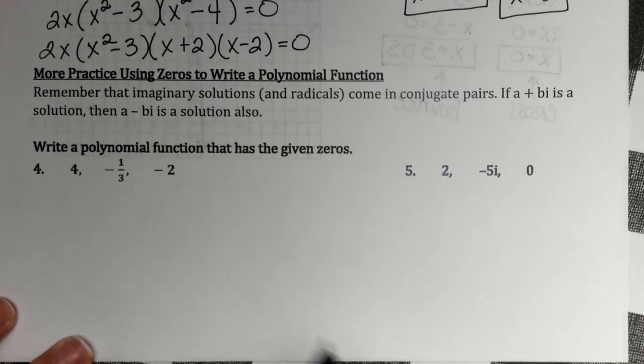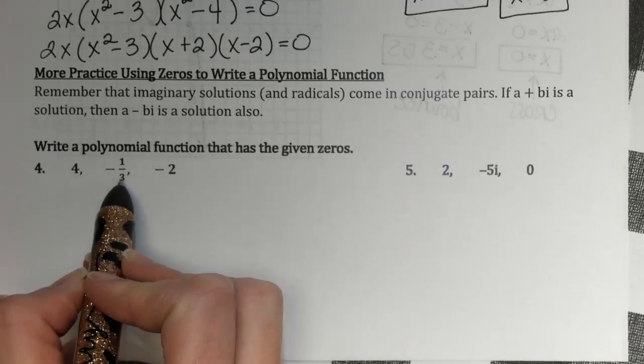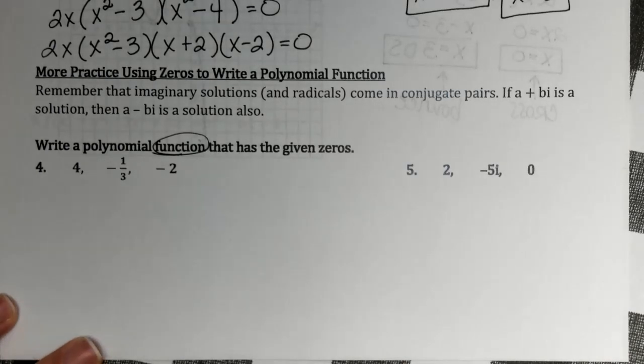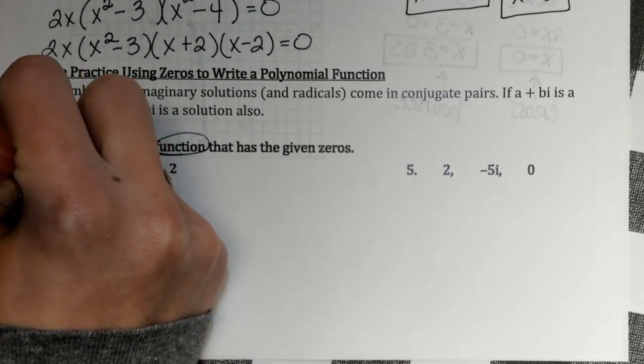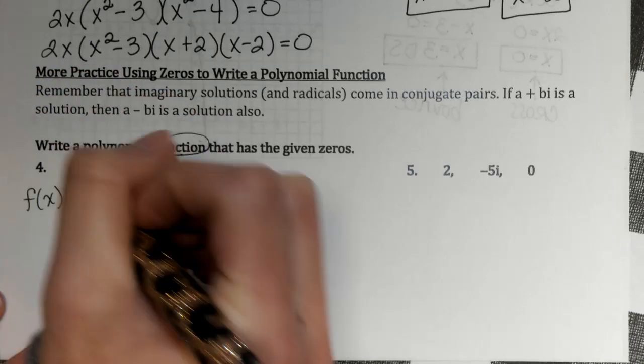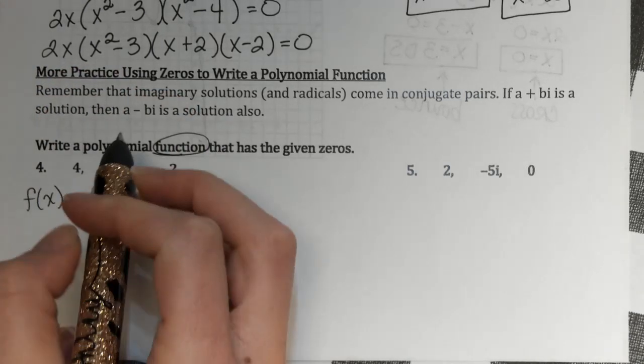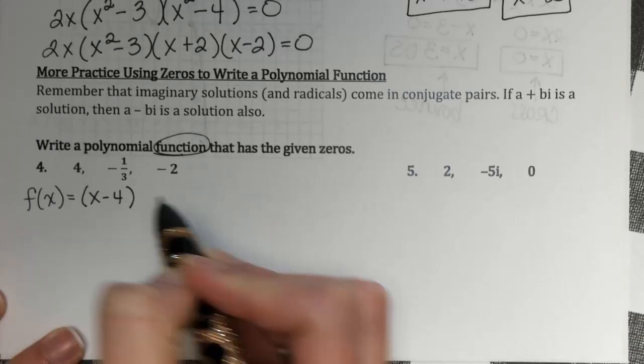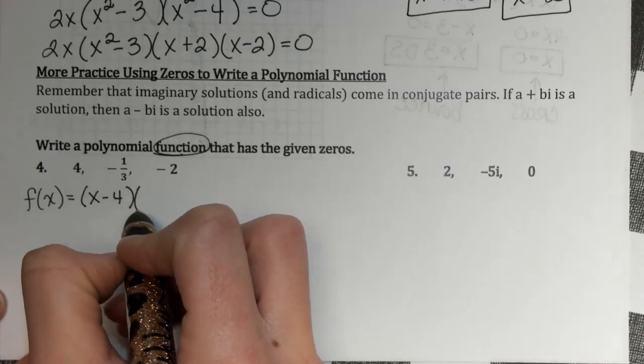So, if I give you 4, negative 1/3, and negative 2, I'm writing a function. If it tells you write a function, what should you always have? f of x. Now, if this is telling me 4, what does factored form become? What does negative 1/3 become?